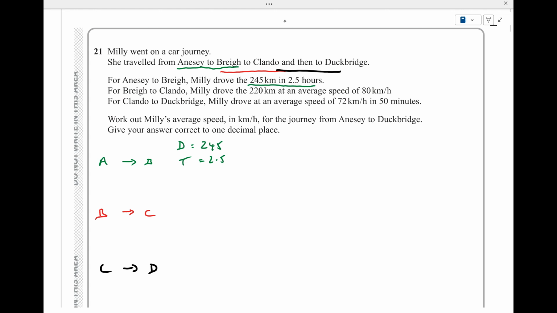For the next leg of the journey, 220 kilometers, that's the distance, and her speed is 80 kilometers per hour.